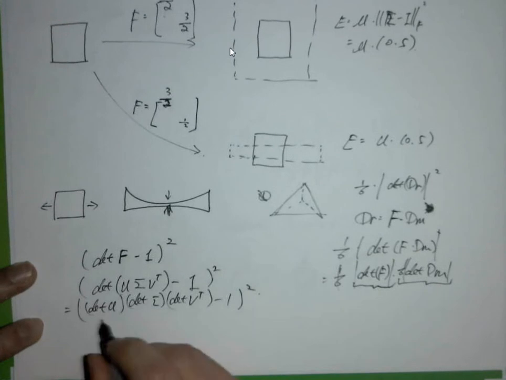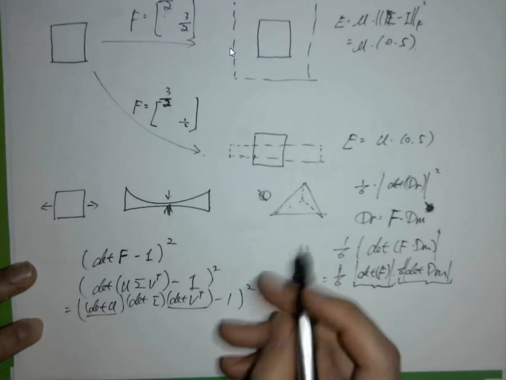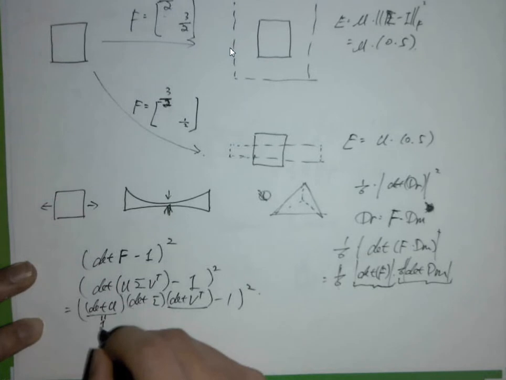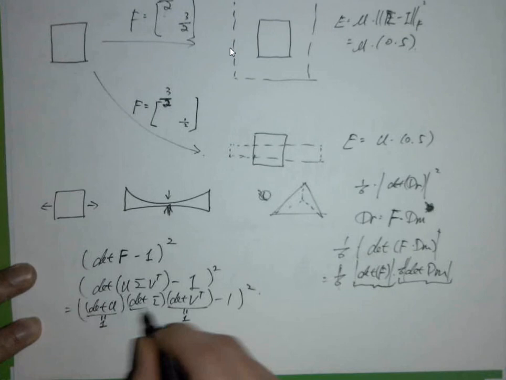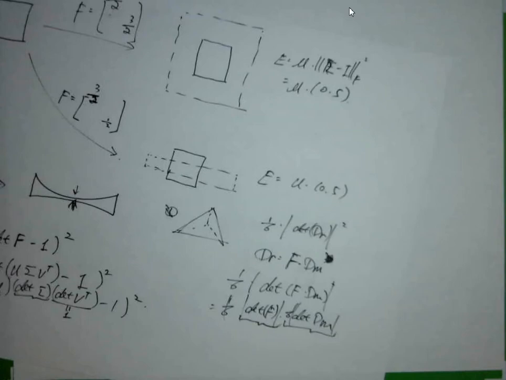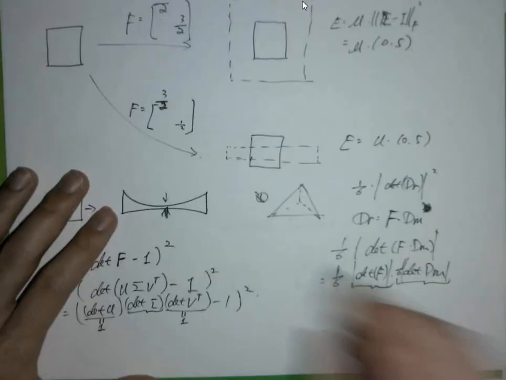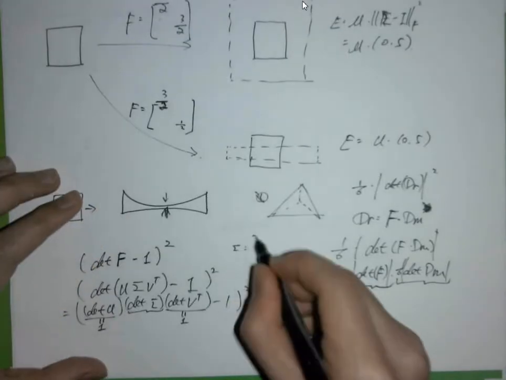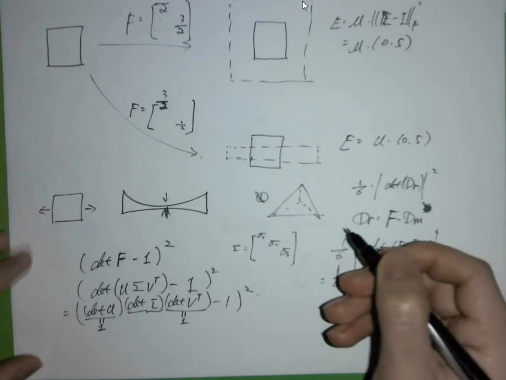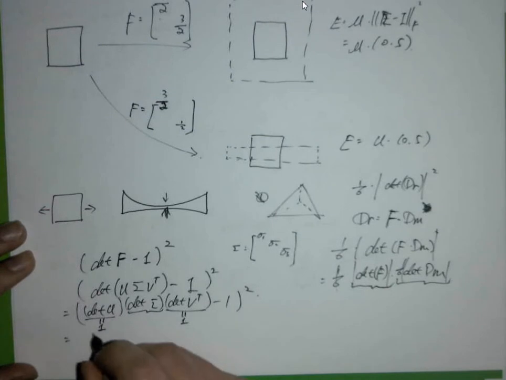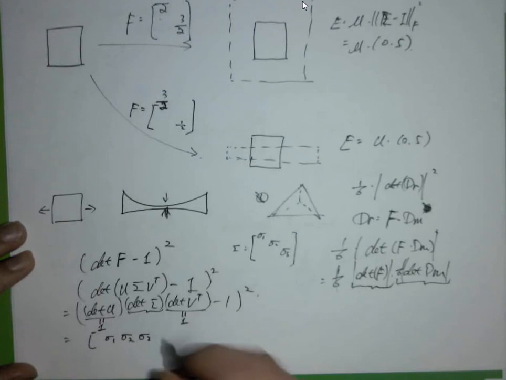Both U and V are rotation matrices, so their determinants equal 1. And it only leaves the determinant of sigma. We know that sigma is a diagonal matrix: sigma 1, sigma 2, sigma 3. So it becomes sigma 1 multiplied by sigma 2 multiplied by sigma 3 minus 1 squared.